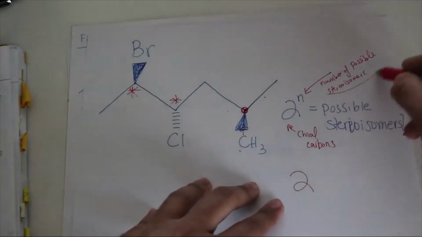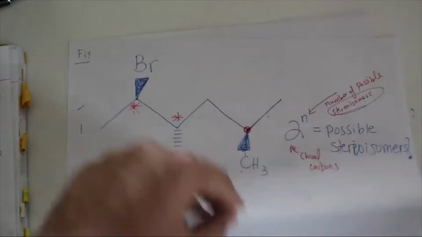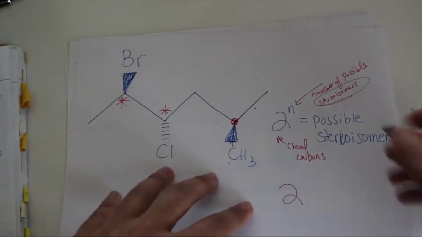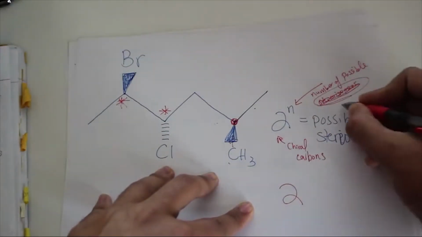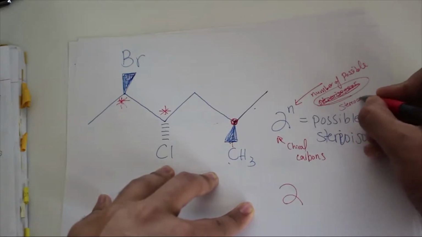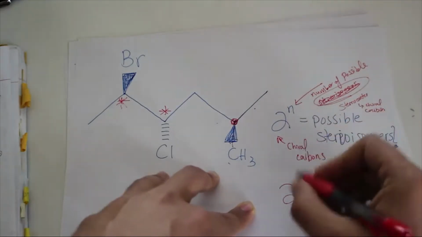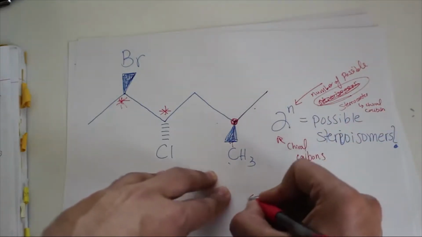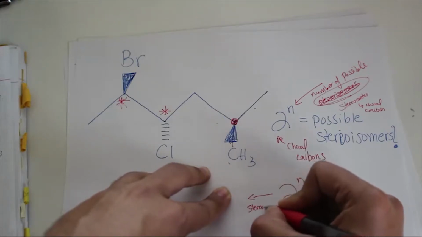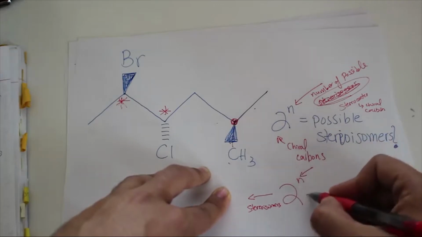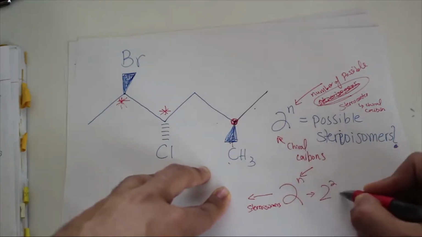So the number of stereoisomers that we have, or the stereocenters. So sorry, this is actually supposed to say stereocenter, which is synonymous with chiral carbon. This equation is going to give us the total number of stereoisomers. Okay, so we had 2 chiral carbons, so we have 2 squared, which is 4.